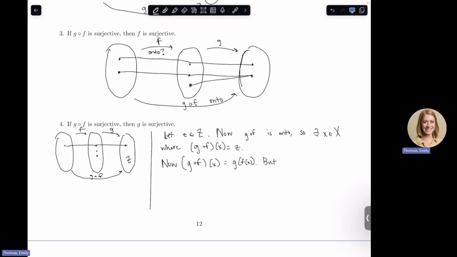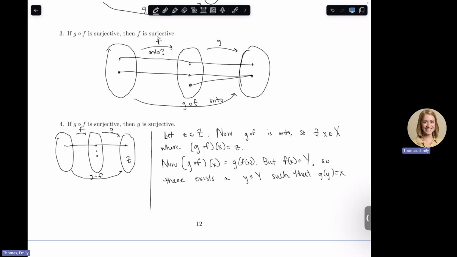Okay, so rewriting the g of f of x, it's g of f of x. F of x is an element in big Y, right? So there is a y in Y such that g of y equals z.